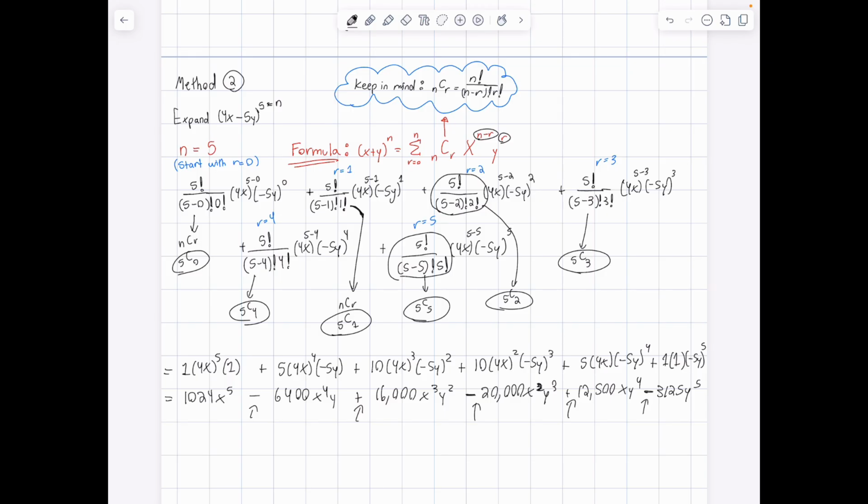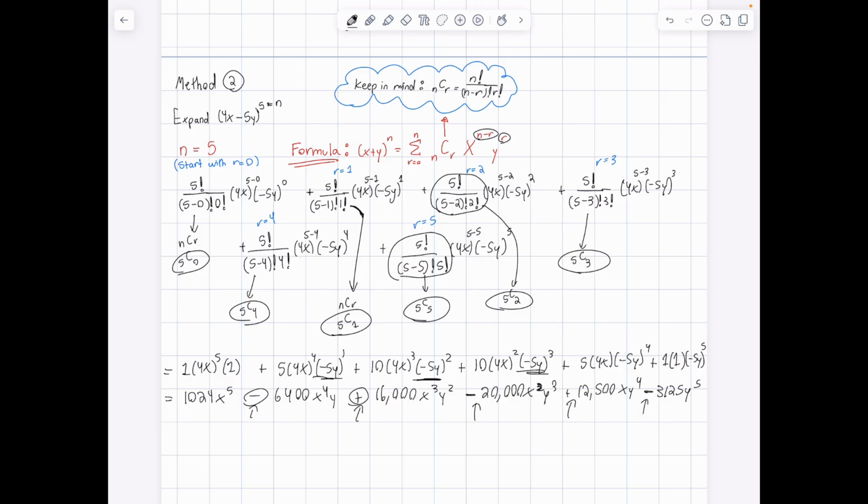And then, how it works is if you have the negative 5y, there's an exponent of 1, which is an odd exponent. So you have the negative. Negative 5y here has an exponent of 2. So you're going to have positive. So if it's an odd exponent, which is 1, you're going to have a negative. If it's an even exponent, you're going to have a positive.